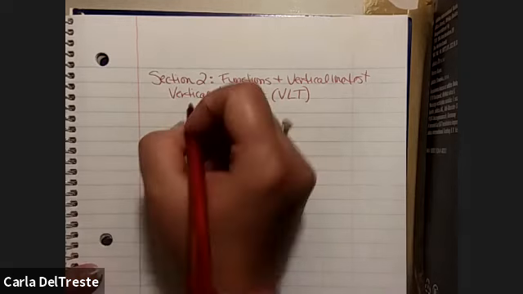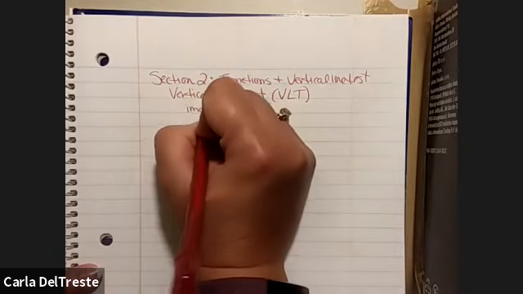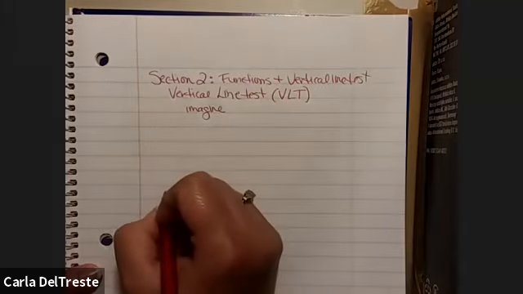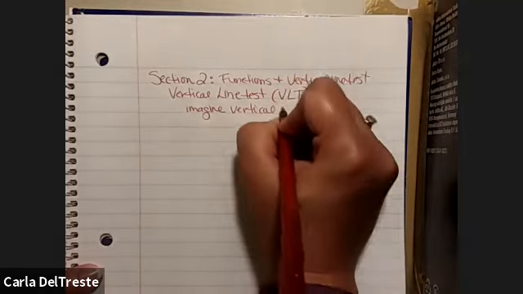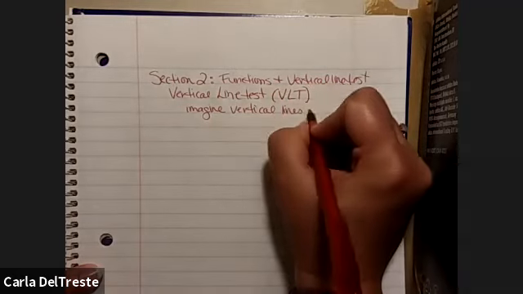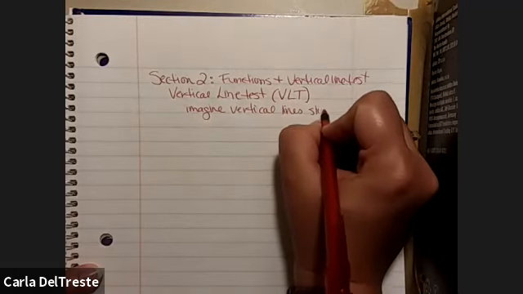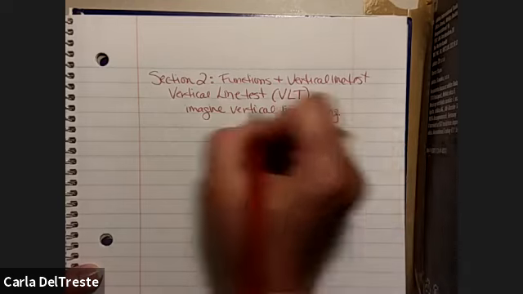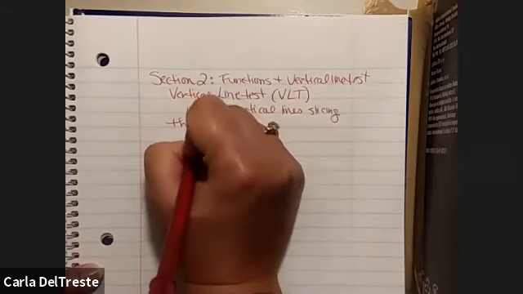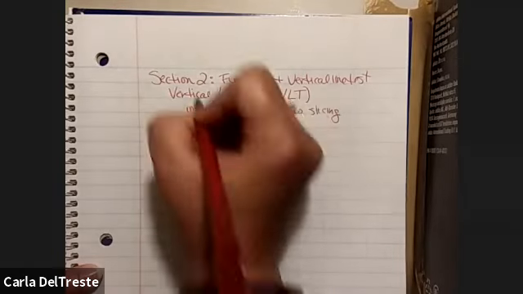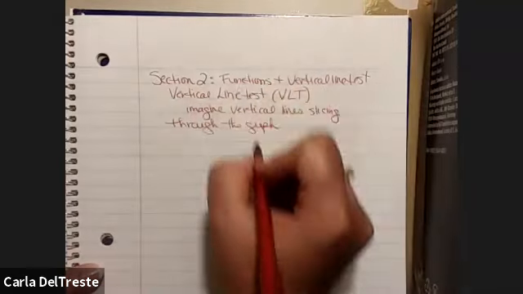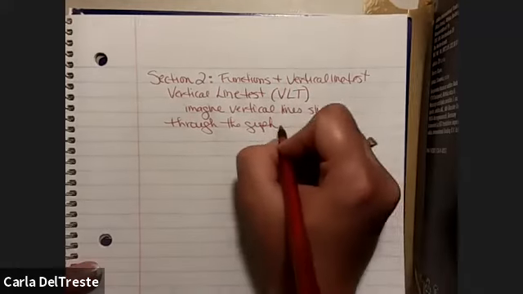And what it means is you imagine, so you don't actually draw anything, you just imagine vertical lines slicing through the graph. And we're talking perfectly vertical. So you're imagining perfectly vertical lines slicing through the graph.